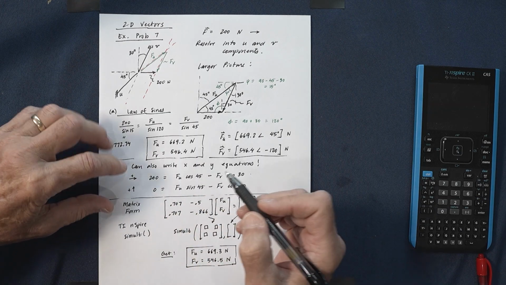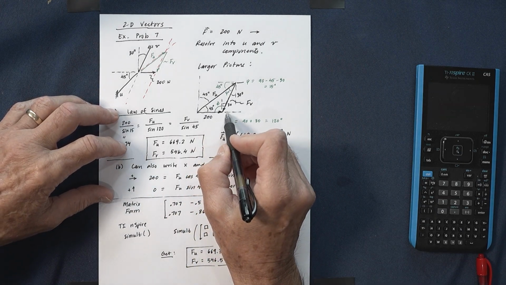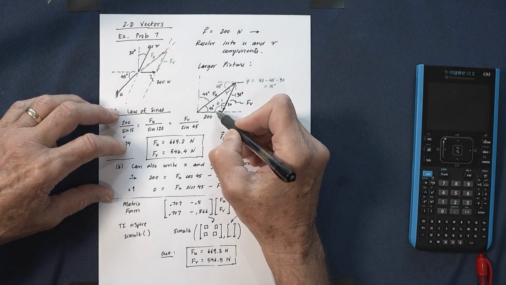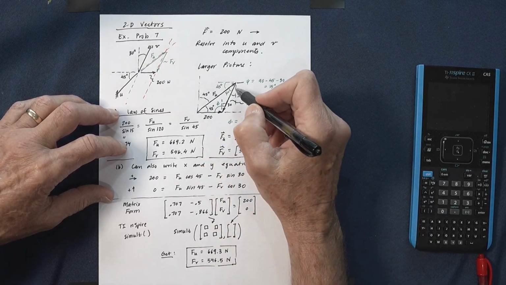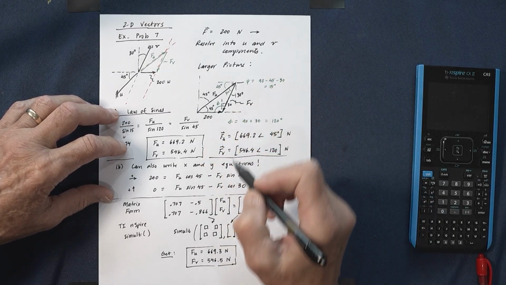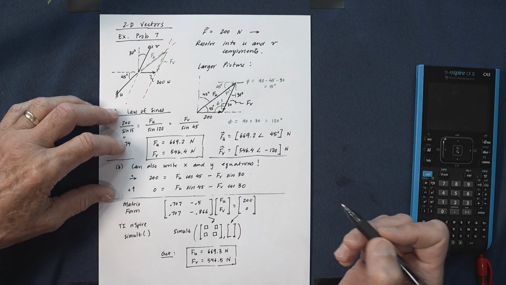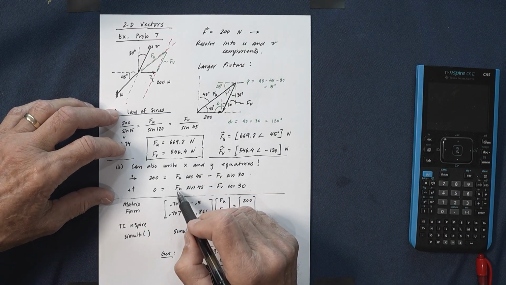In the vertical direction, the component of this force is 0. That's equal to FU sine 45 minus FV cosine 30. This gives me two equations and two unknowns. My two unknowns are FU and FV.